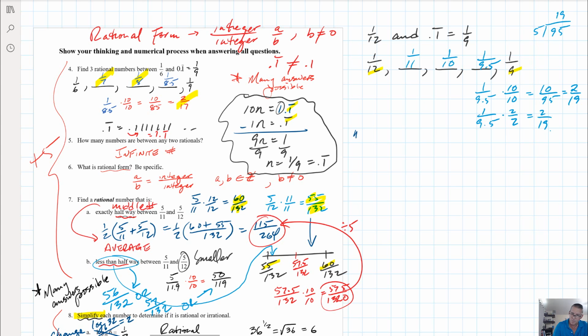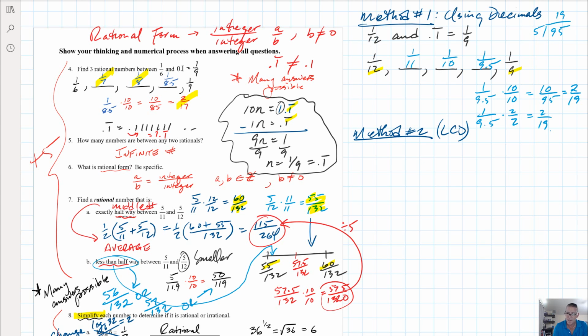That's method 2, if you don't like method 1, which used decimals like 9.5.